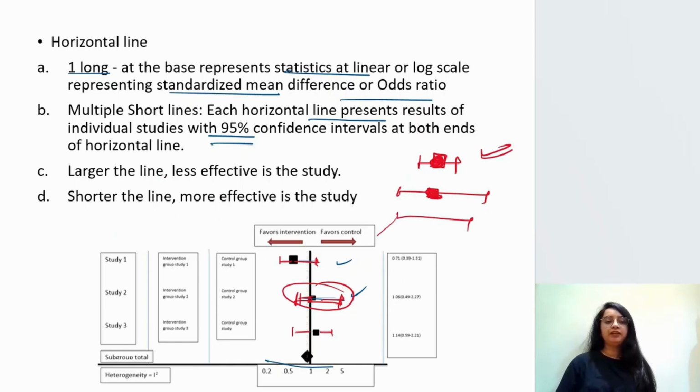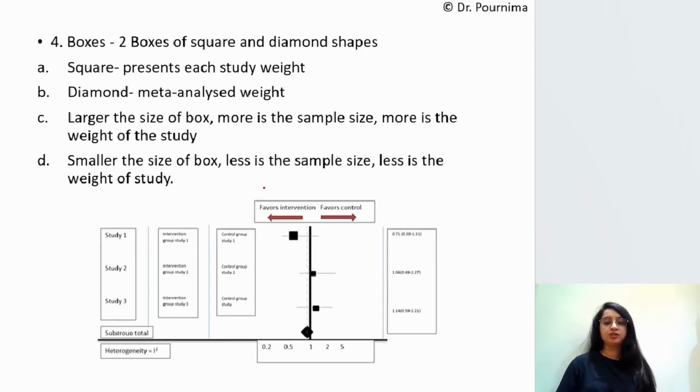Then we come to these boxes. Now you can see this is a square, this is another square, this is a third square, and this is a diamond. The square represents the weight of each study. Suppose this is one square and this is another square. What is the difference? The difference is in the size of the square.